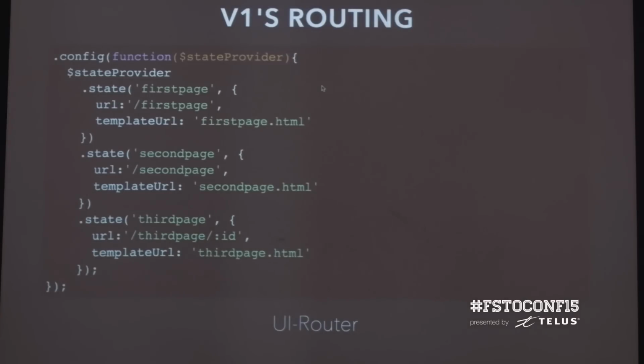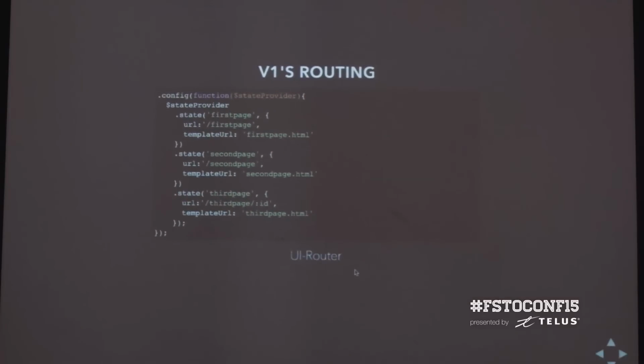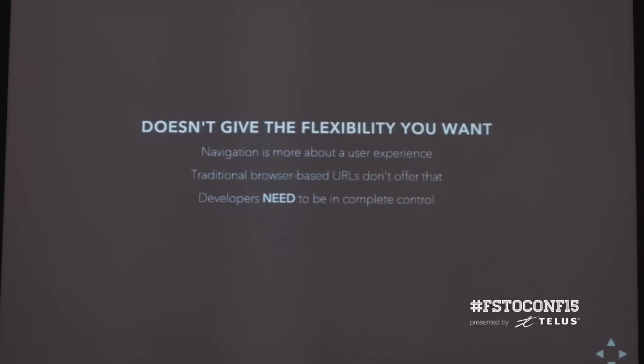This is a pretty standard, simple setup where we have a bunch of states supplying a template to all of them, a URL, and the last state being a dynamic state where you can load in a particular item. This is all using UI Router, so if you know UI Router, this is all common. But again, you don't get the flexibility that you want, because if you want to do anything more complicated or in-depth than that, you're kind of out of luck.